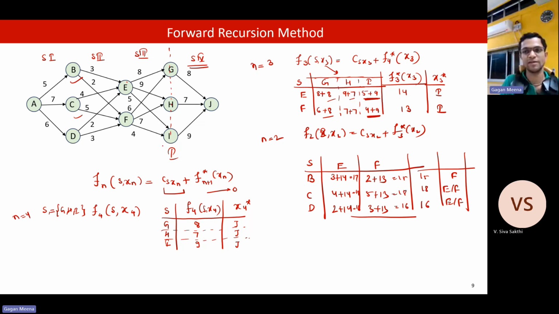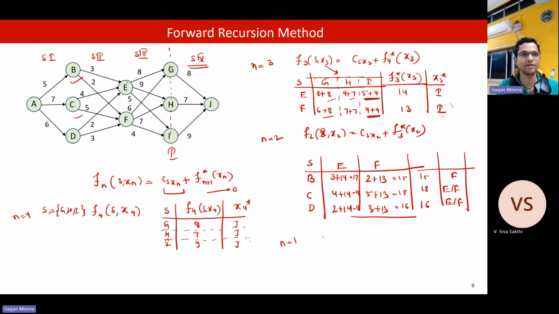So now we say, here we are reaching up to, from I to J. And here we see F. Let us see n equals 1. We will find the final one.